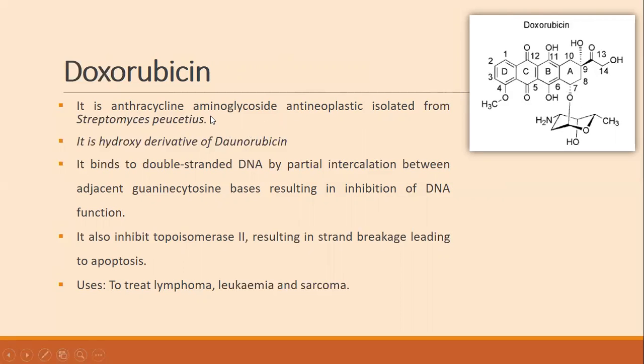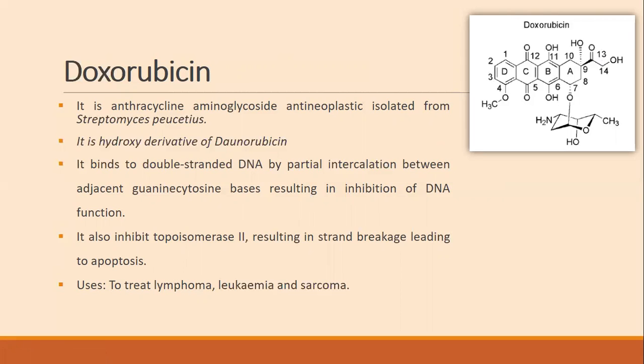Doxorubicin is an anthracycline aminoglycoside antineoplastic agent isolated from Streptomyces peucetius. It is a hydroxy derivative of daunorubicin, wherein CH3 is hydroxylated. It binds to double-stranded DNA by partial intercalation between adjacent guanine cytosine bases, resulting in inhibition of DNA function.